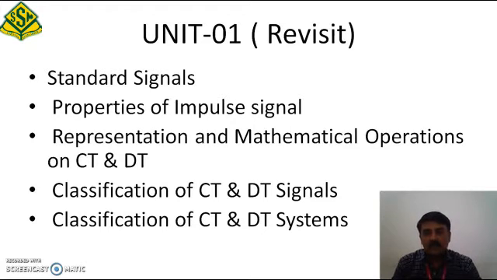Most of the time, when you go back to your previous year semester question papers, 70 to 80% of the questions will cover unit ramp or unit step or unit impulse.